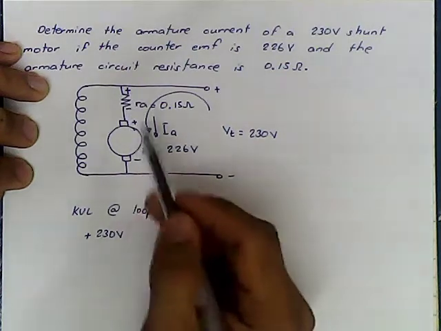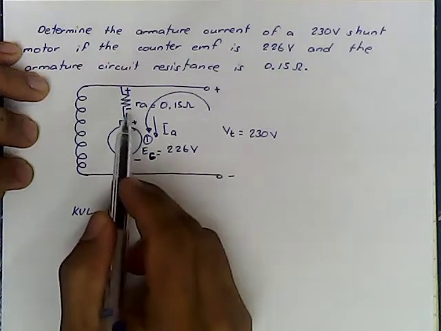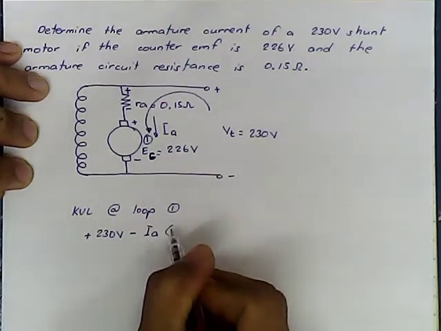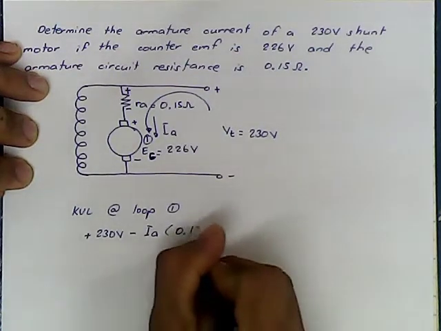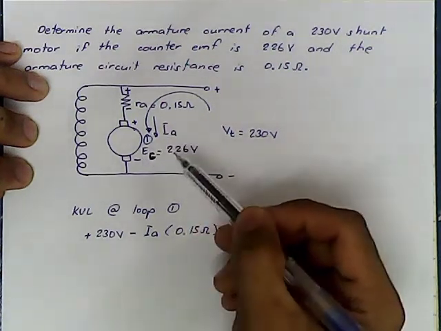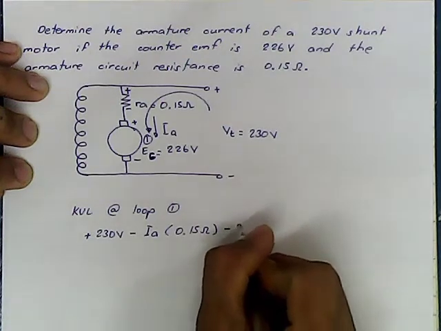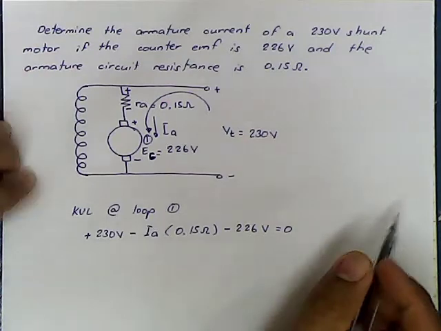That is negative, so negative IA times RA, whose value is 0.15 ohm. Then we have negative EC, or negative 226 volts, equal to 0.